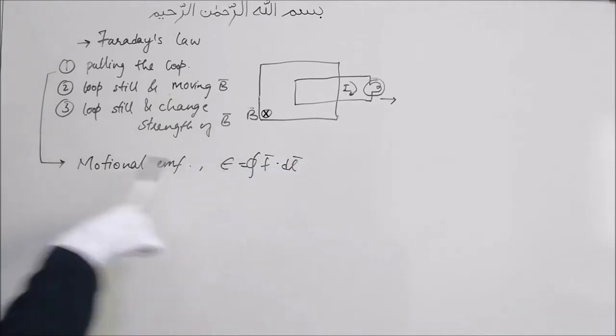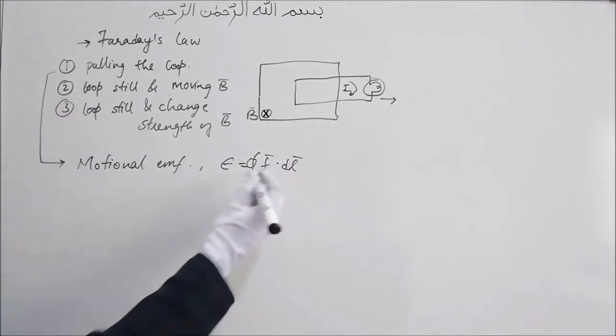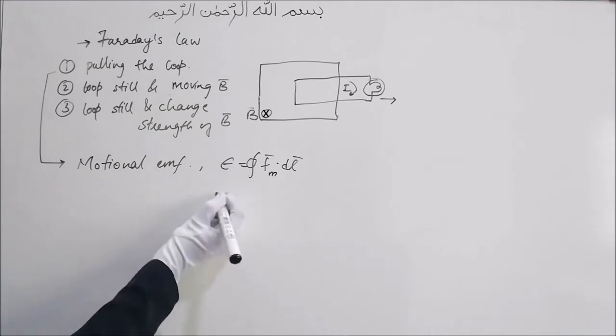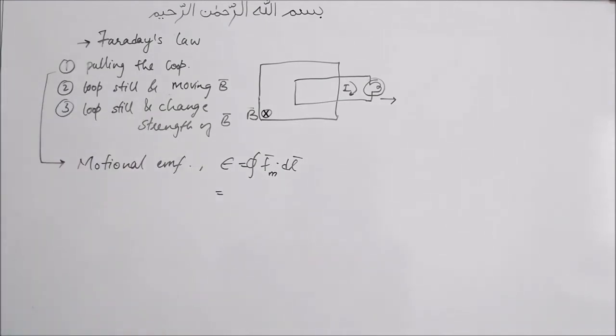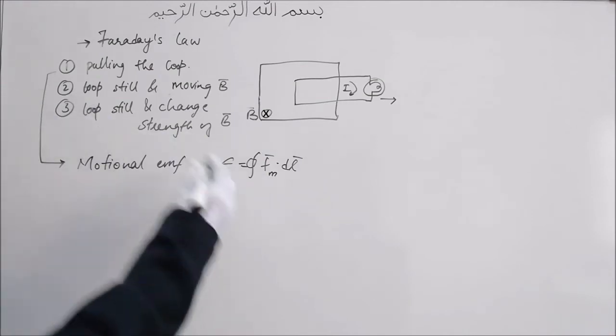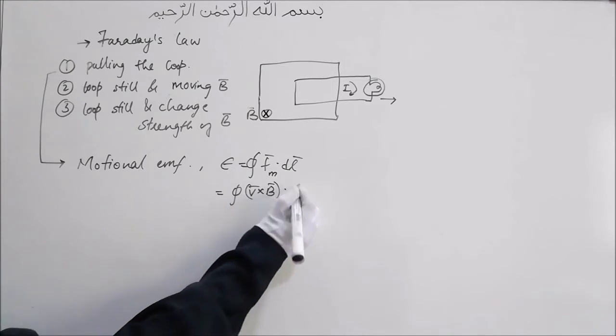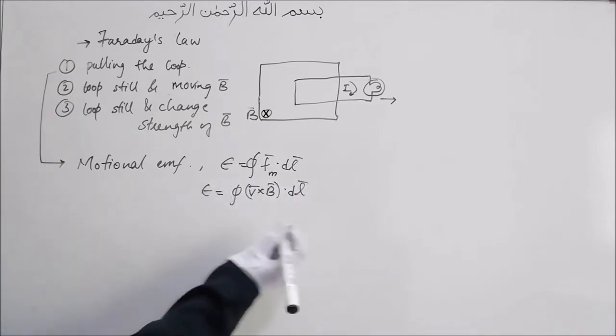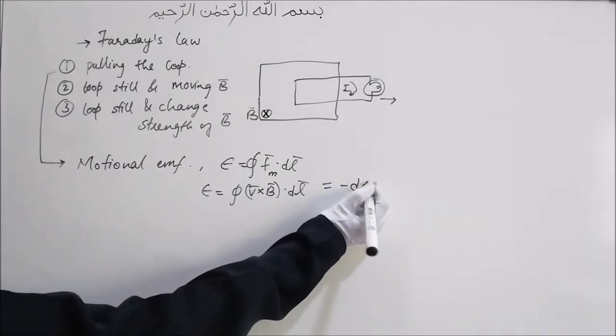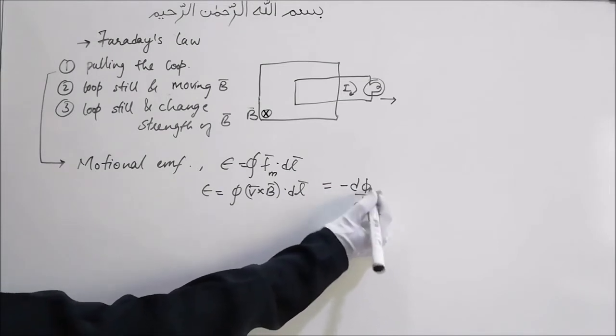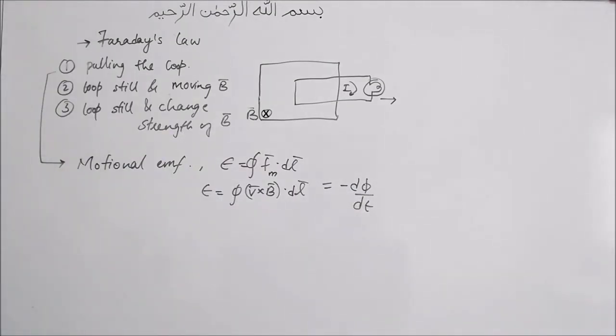So here this EMF is arising because of the magnetic force. So we can have F magnetic, and we already know from the Lorentz force law what the magnetic force is, that is Q V cross B, right? So this can be integration V bar cross B bar dot dl bar. This is also equal to minus d phi by dt, where phi is the magnetic flux through the loop.